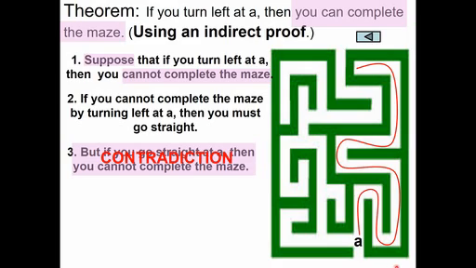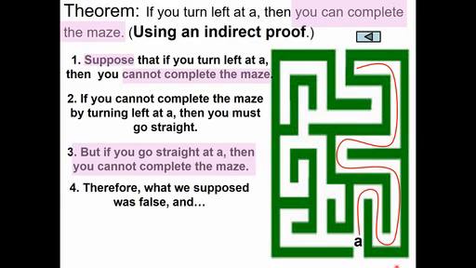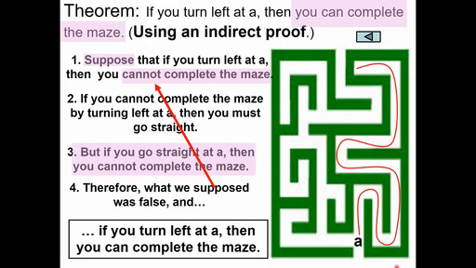That's a contradiction. We just can't get to completing the maze by going straight ahead. Therefore, and this is the phraseology you have to get in your head, therefore, what we supposed was false, that you can't complete the maze. And if you turn left at A, then you can complete the maze, which is the theorem we were trying to prove.